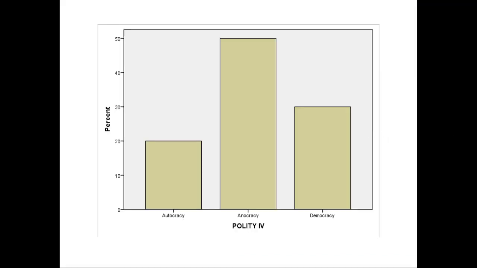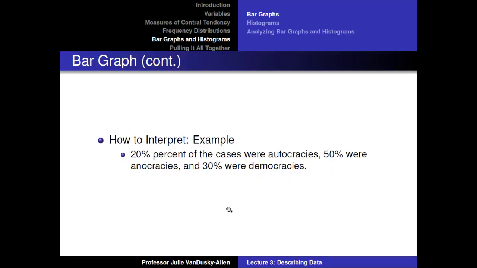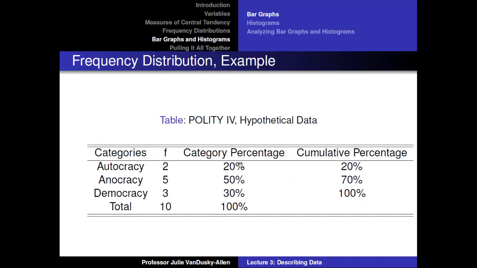This is a bar graph that represents the information from the Polity 4 frequency distribution example. As you can see, the percent of cases is on the y-axis. The category names are on the x-axis. Note that I placed the variable name below the x-axis as well. 20% of the cases were autocracies.